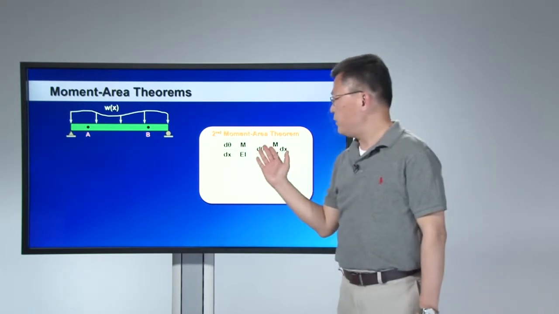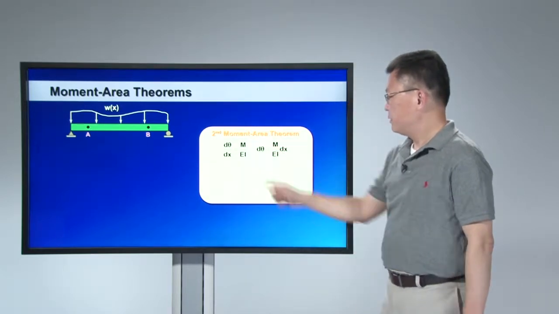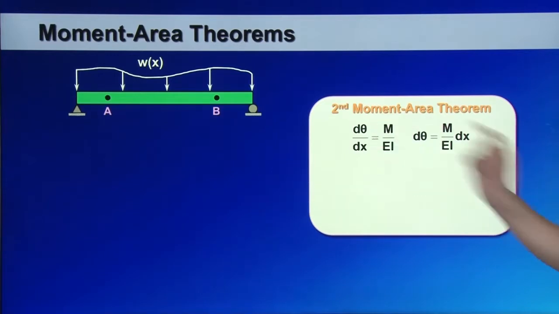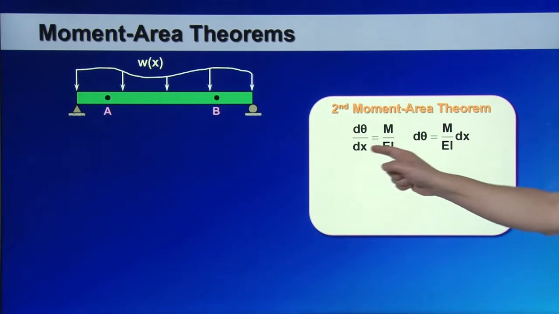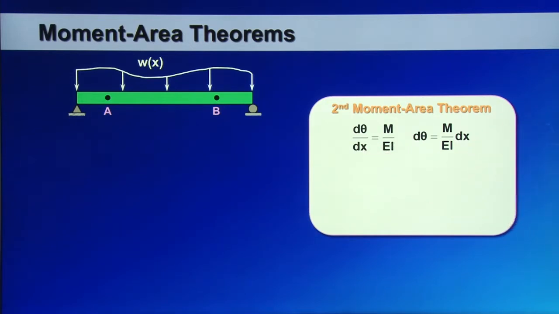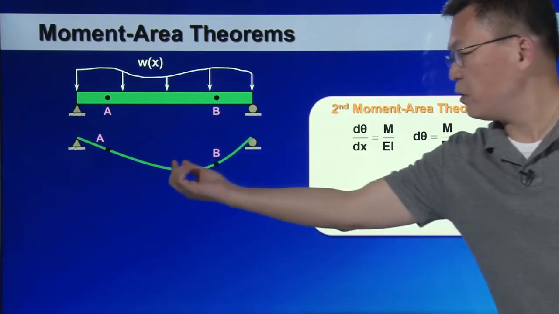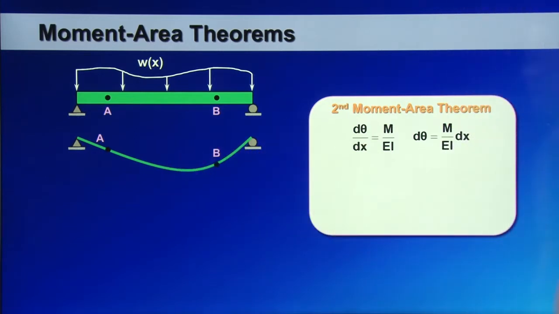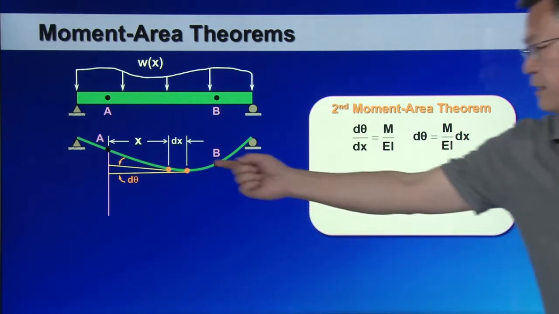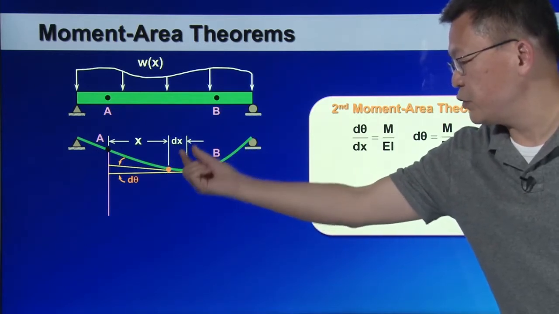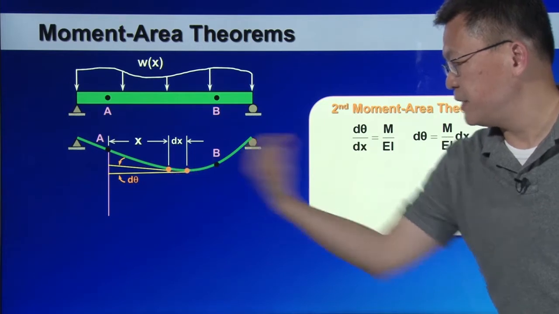The second moment area theorem, still following d theta over dx equal to M over EI. Again, move dx to the other side. So d theta and dx, if we draw the deflection shape and then take out a small element dx, then d theta is the tangential angle difference between the two sides of dx.